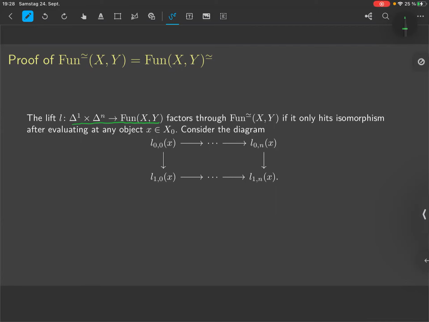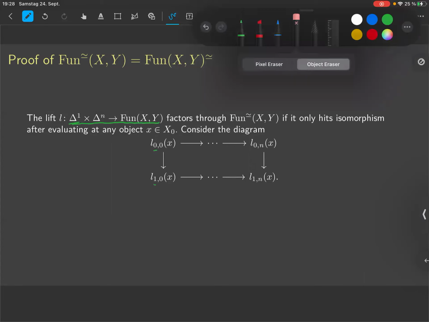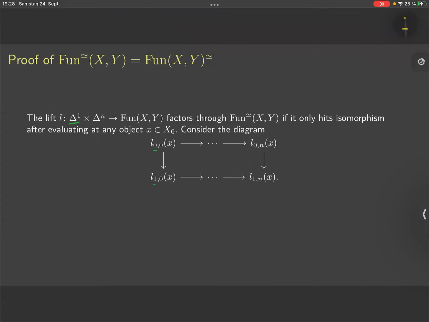We consider this diagram here, which is induced from this 0, this 1 comes from delta 1. The other parts come also from those things. For example, what is this? Here we have the second coordinate, and the x is just evaluation everywhere.